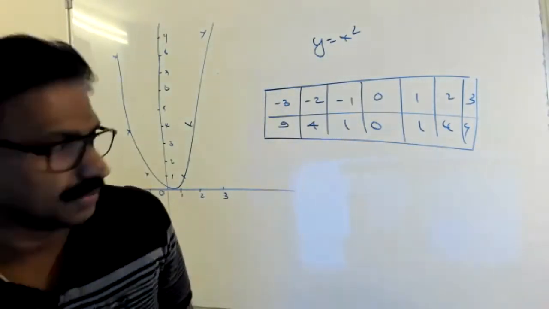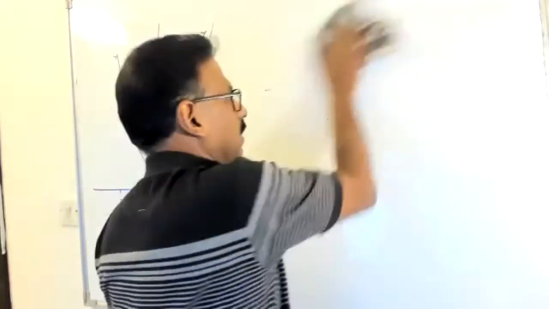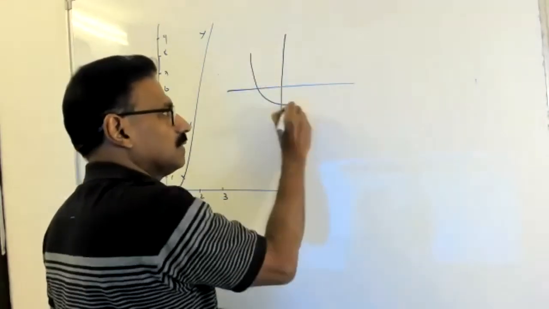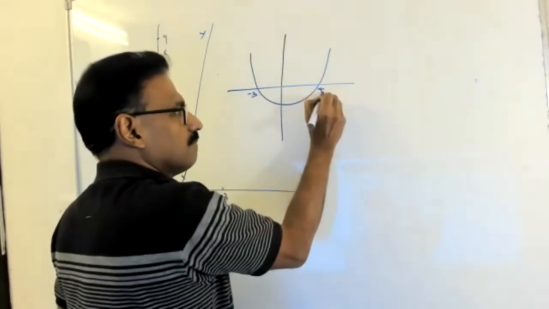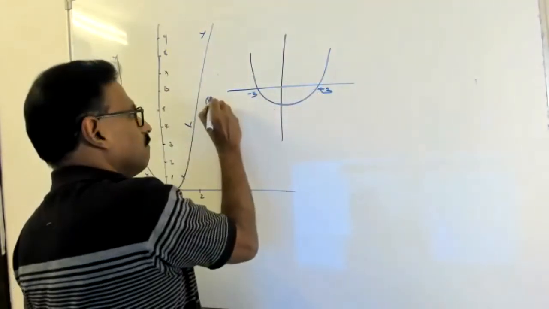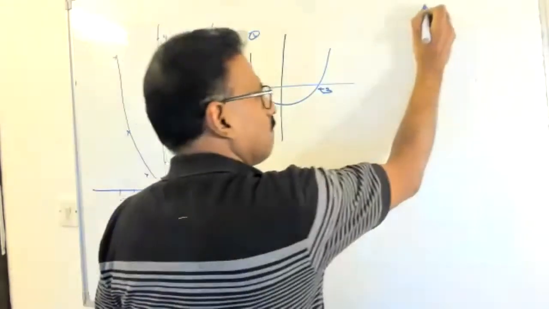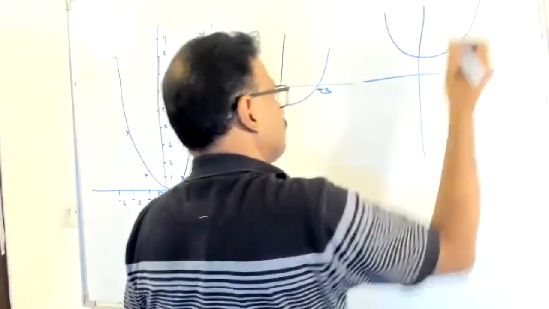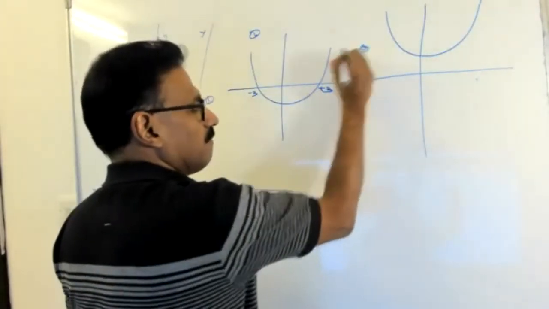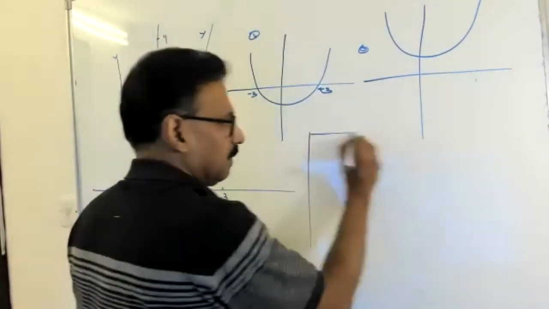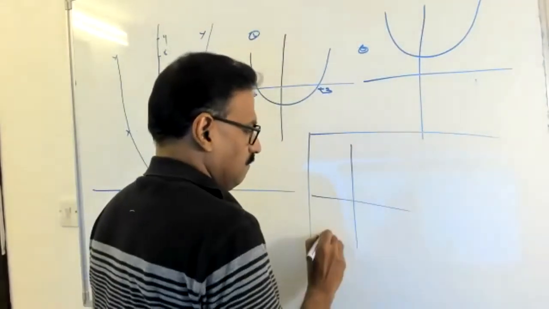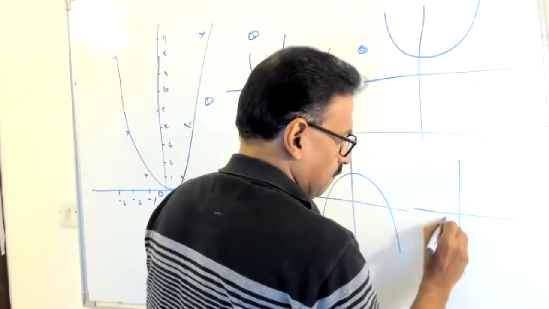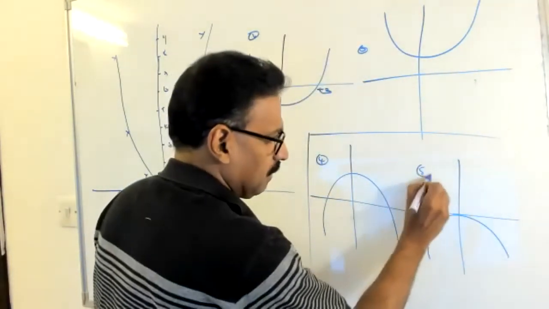Then after that, you make rough small figures, like this. This is figure 1, figure 2, figure 3, figure 4, then 5, 6.